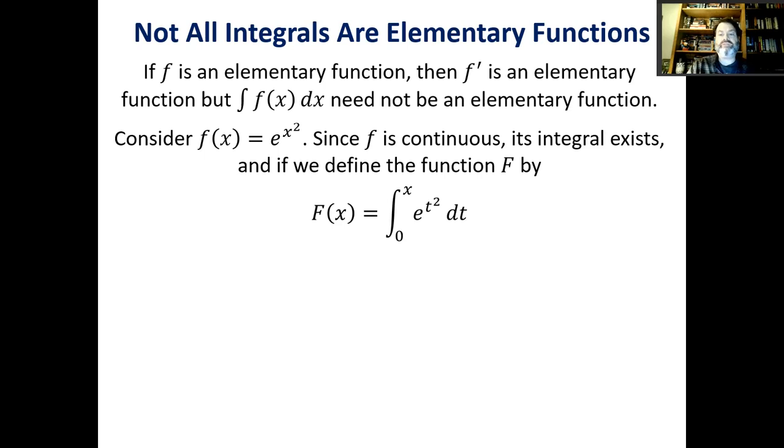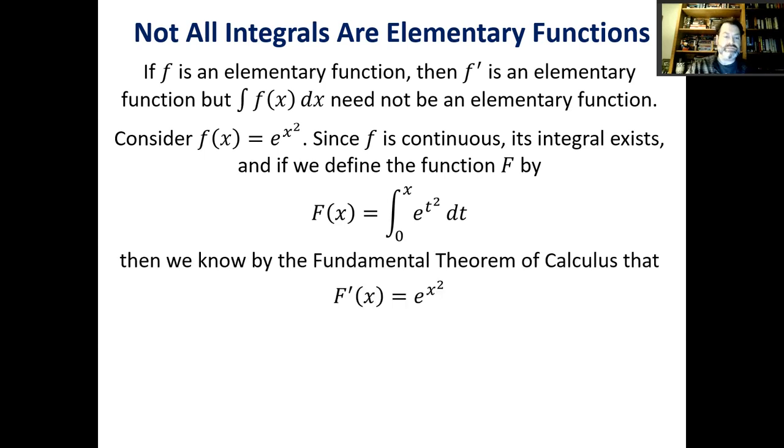And if we define the function by the fundamental theorem of calculus and take the derivative of both sides, then F prime, so capital F prime, will be e to the x squared, which means that there is some function, capital F, that is the integral. So it exists somewhere in the function universe. We just can't write it using the techniques and the types of integrals that we've done so far.